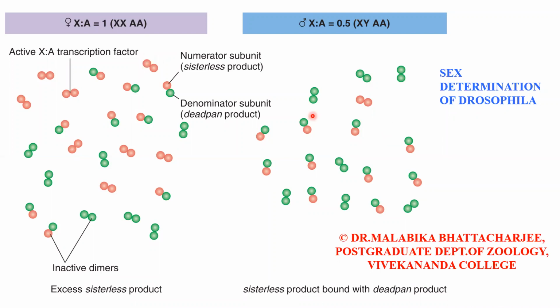In the case of males, since this transcription cannot start, the default cascade system operates, while in the case of females, the cascade is controlled by the production of the numerator homodimers. Now what happens?